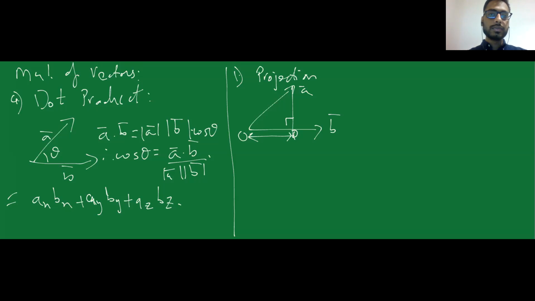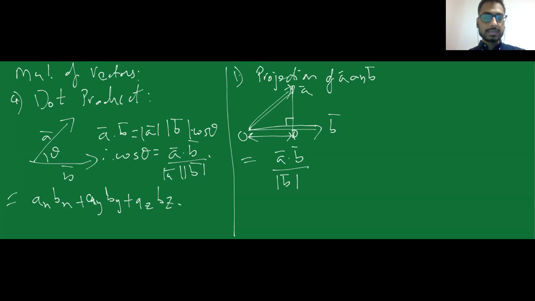And the length of this OD is equal to this vector A bar dot product with B bar divided by, since the perpendicular is drawn on B bar, magnitude of B bar. This is known as projection of A bar on B bar.